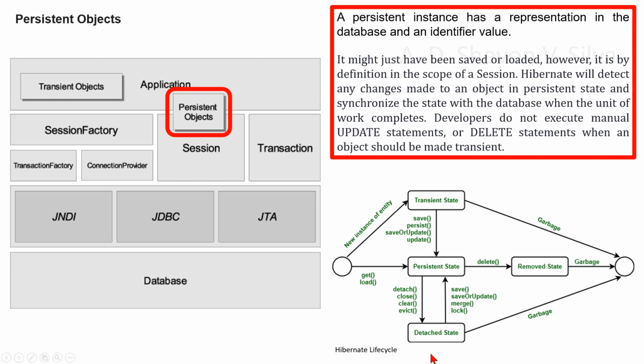Here you can see the Hibernate life cycle. Here we will talk about the Hibernate life cycle, or in other words, the life cycle of the mapped instances of the entity object classes in Hibernate.